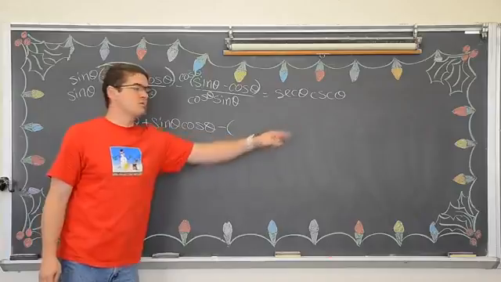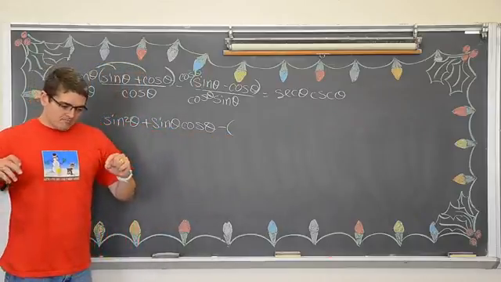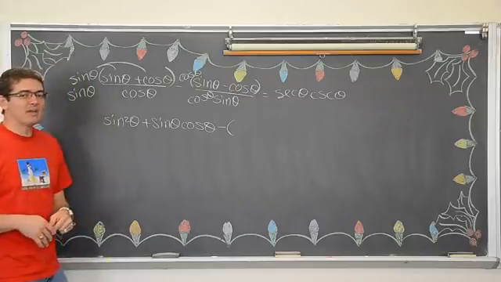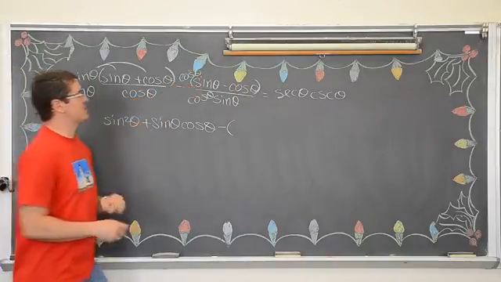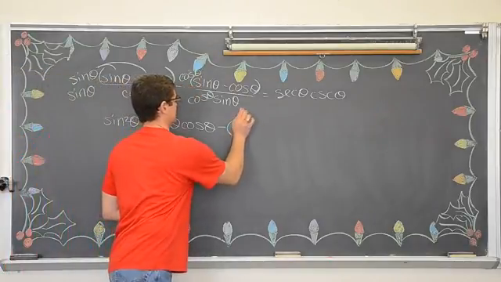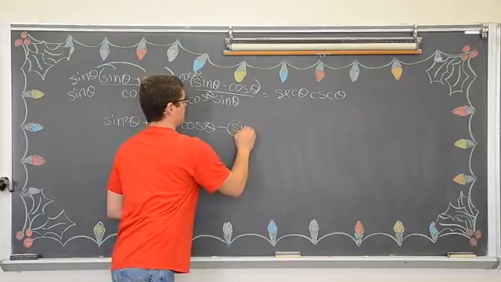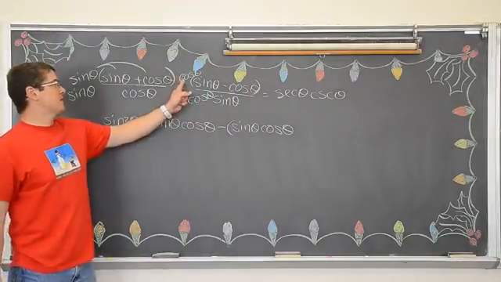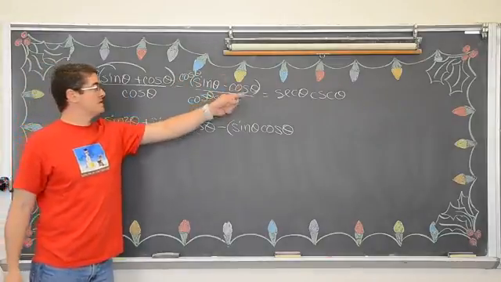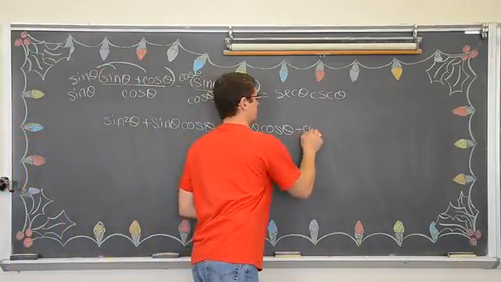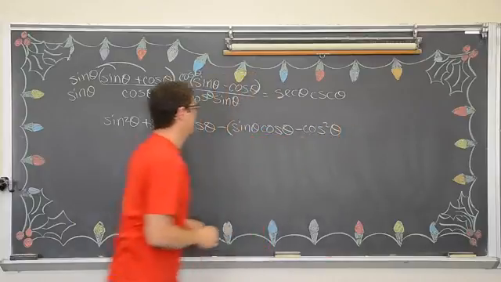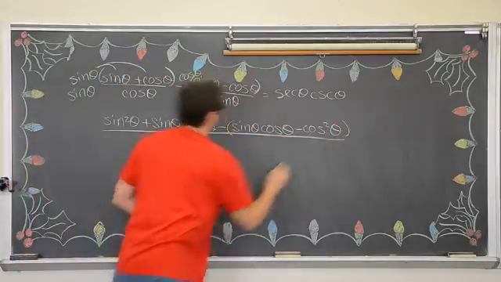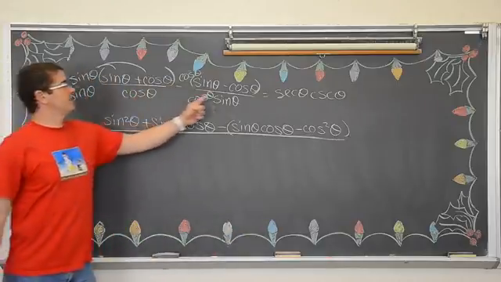Make sure that you use your parentheses judiciously, a lot, to make sure you don't make any sign errors. Cosine times sine again, which is going to be sine theta cosine theta. And then cosine times negative cosine is negative cosine squared theta. And all of that is over my common denominator that I've set up, which is sine cosine.